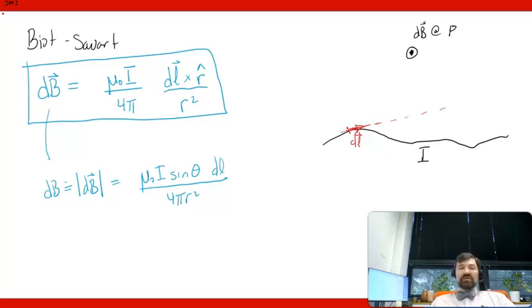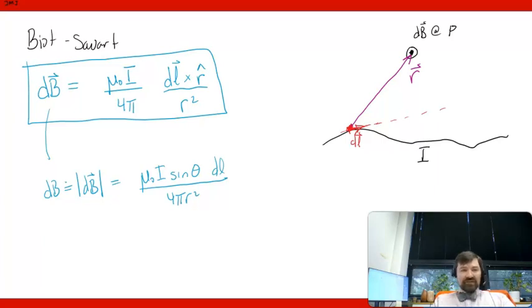Again, this is from this point. Now, what about the r portion? If I draw a line running from here to my point P, pointing from this location at which I'm looking at this particular differential contributor, the current in this little length of wire, then this would represent vector r.